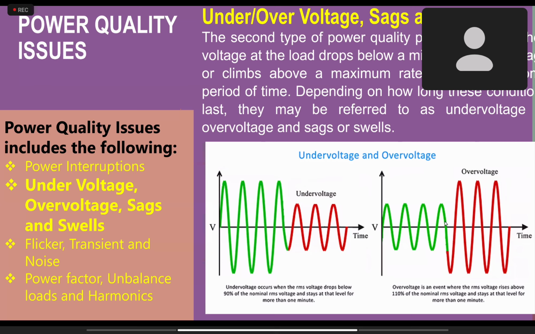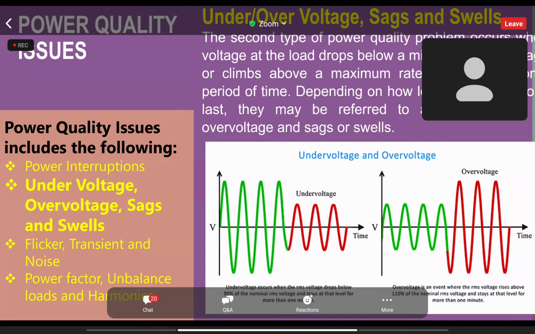On the other side naman, if it is more than 10% or 110% of the rated voltage value, it is already an over voltage. Pero sana natin mandate ng distribution code para sa mga distribution utility, plus or minus 10% na voltage variation in the system is considered within the limit.